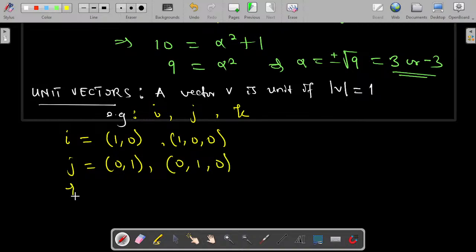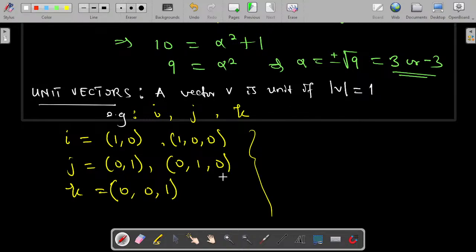And k, we don't have k in R2 because k is the third component, so it cannot be in R2. In R3, our k is (0, 0, 1). So let's use this definition to check if what we have said is true.